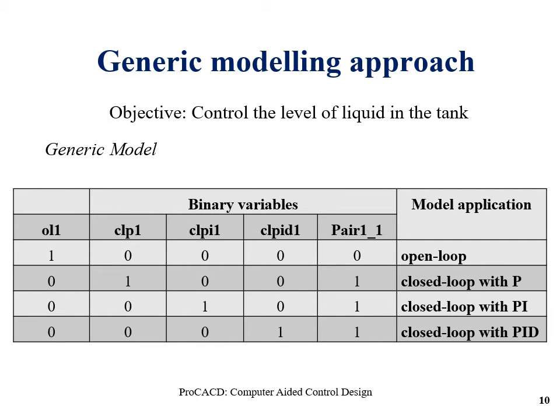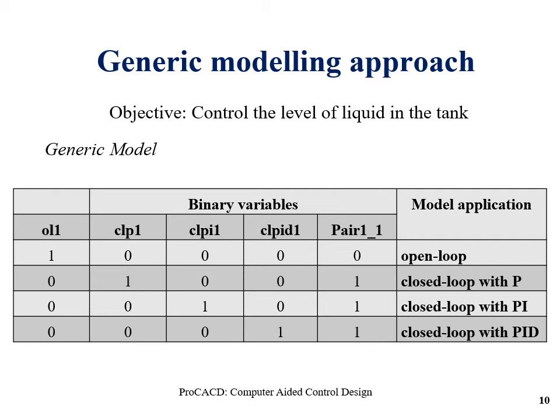So I told you, right? Here you can see the table where, just by substituting different values for the binary variables, the same model can be used in ProCACD. For example, if the binary variable OL1 is set to 1 and all other binary variables are set to 0, then the model is just an open loop simulation.